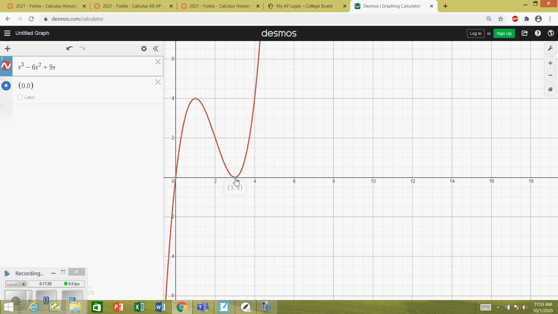It's at (1, 4) and at (3, 0). The reason we're at rest there is because that's a change in direction. Whenever we change direction, there's a momentary pause in our moving. If we're moving right, in order to move left, we have to momentarily pause to change directions. Those are moments we're at rest, when the slope is 0, when the horizontal tangent is 0. So all good stuff to keep in mind.